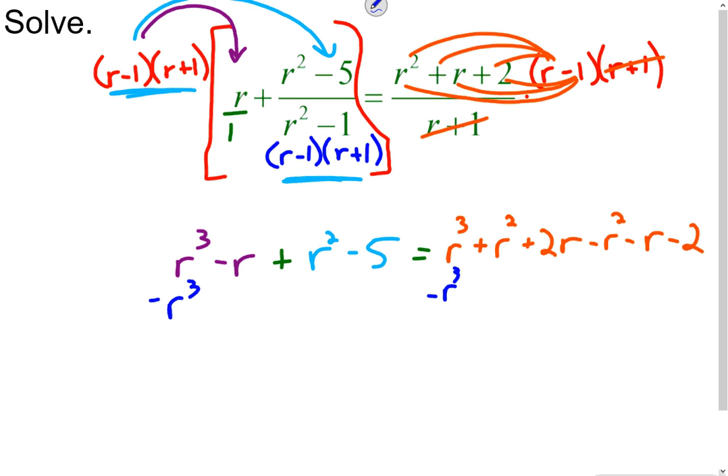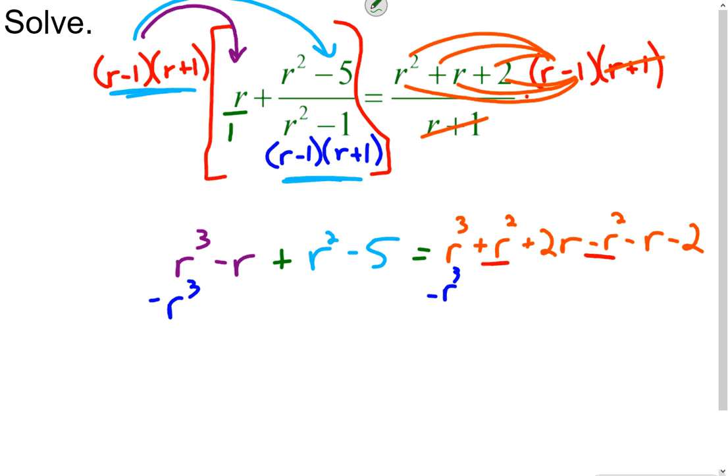And I'm looking at this side, noticing that r squared minus r squared, the r squareds are gone. Therefore, I want all my r squareds on the left side. So I want to get everything then to the left side and get the right side equal to 0. So I'm going to subtract r cubed like I've already said. Now I'm going to go to the r's.